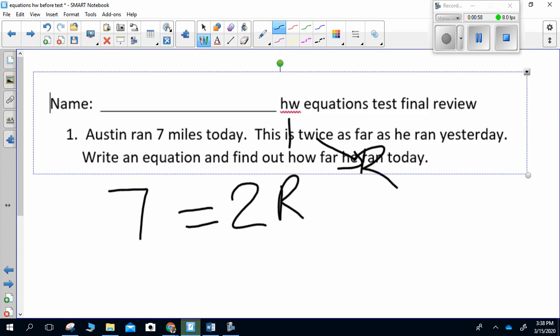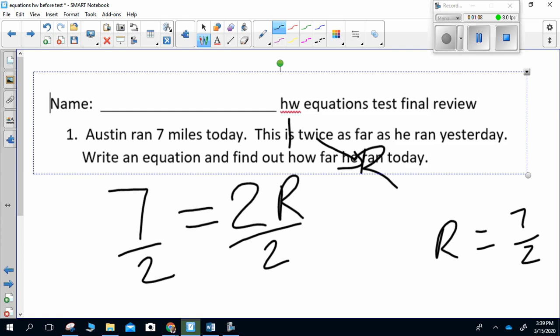And then I need to divide by 2 and divide by 2. And R is equal to 7/2, which you can leave like that because that's a simplified fraction, or 3.5 miles. So Austin ran 3.5 miles yesterday.